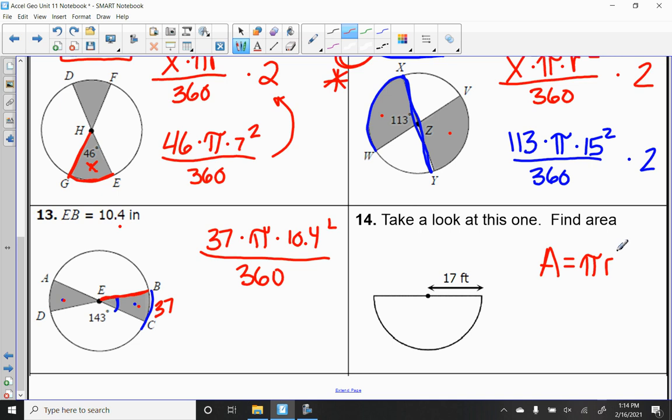This is different than what we've been doing on these examples. This is the area of a semicircle. I just threw this in here because I haven't thrown it in your packet yet. This is half a circle called a semicircle. So all you would do to find the area of a semicircle is just take your area and divide it by 2. I just wanted to throw that in your notes in case you don't have it in there.